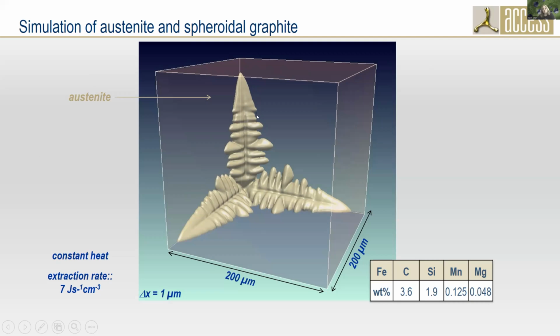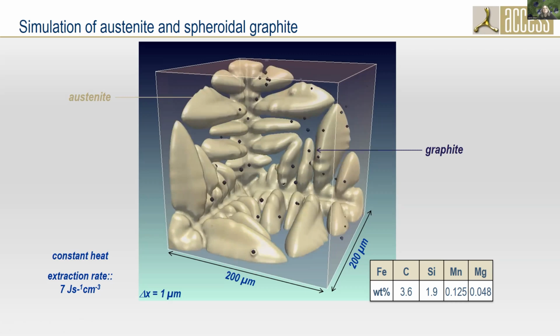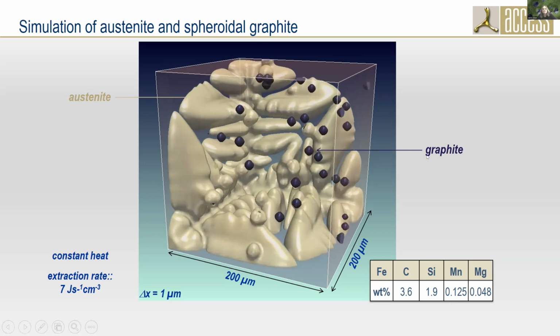Well, I now learned that in future we may have to pay more attention also to the austenitic grain structure, the dendritic structure, which comes first. But here I want to focus more on the growth of the graphite, which you see here forms first in the liquid and grows already spheroidal from the liquid. And when it comes in contact with the austenite, you see it's directly encapsulated because these are eutectic phases.